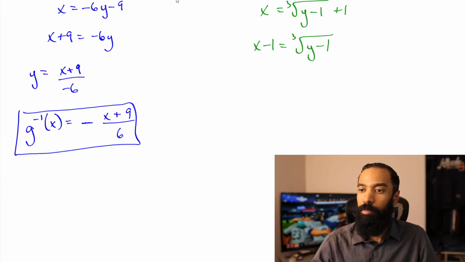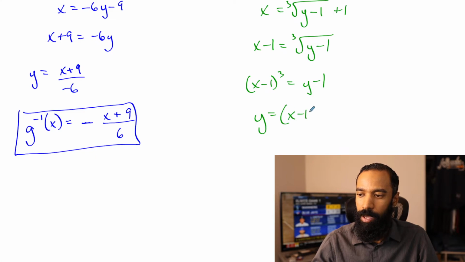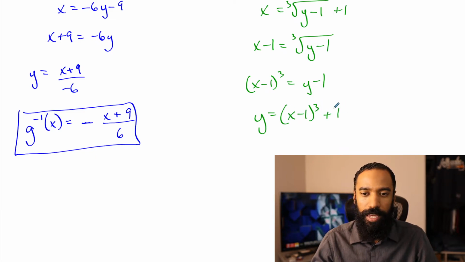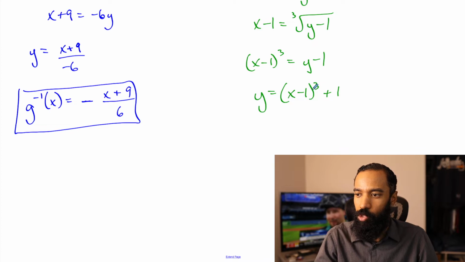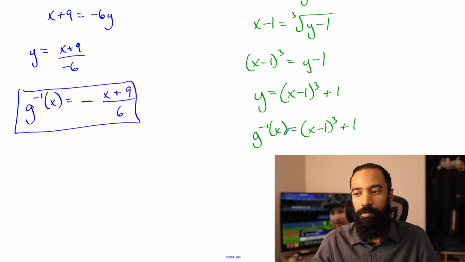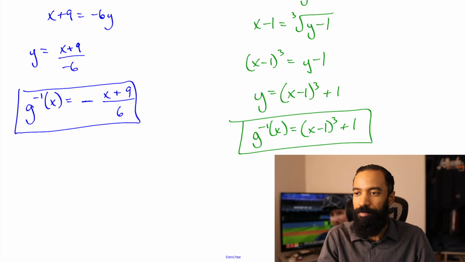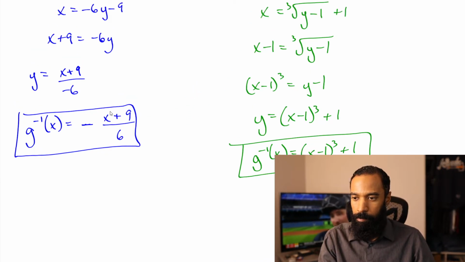Cube both sides now, and that becomes x minus 1 cubed equals y minus 1. Add 1 to both sides, we will get y equals x minus 1 quantity cubed plus 1 like that. And this was g of x as well, so the inverse of g of x equals x minus 1 quantity cubed plus 1.